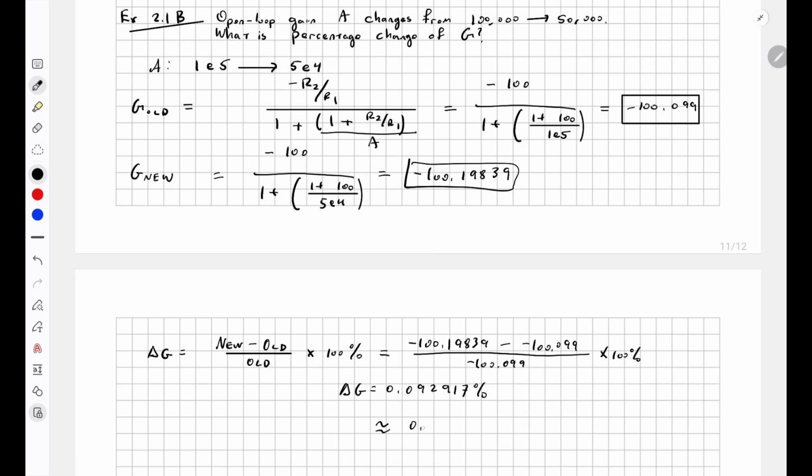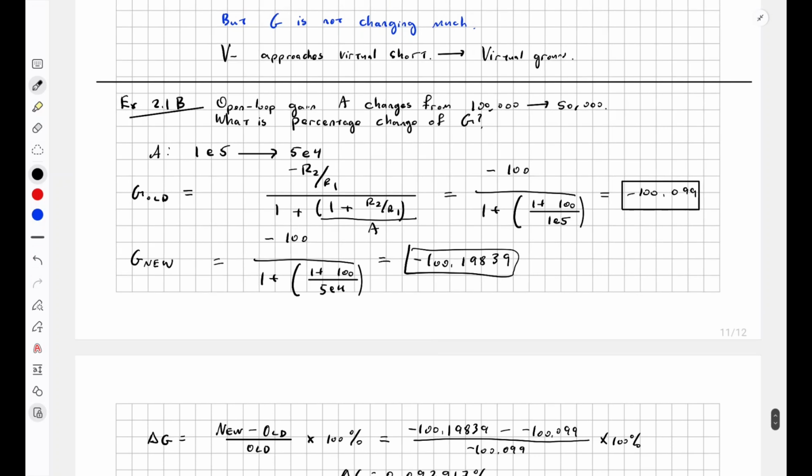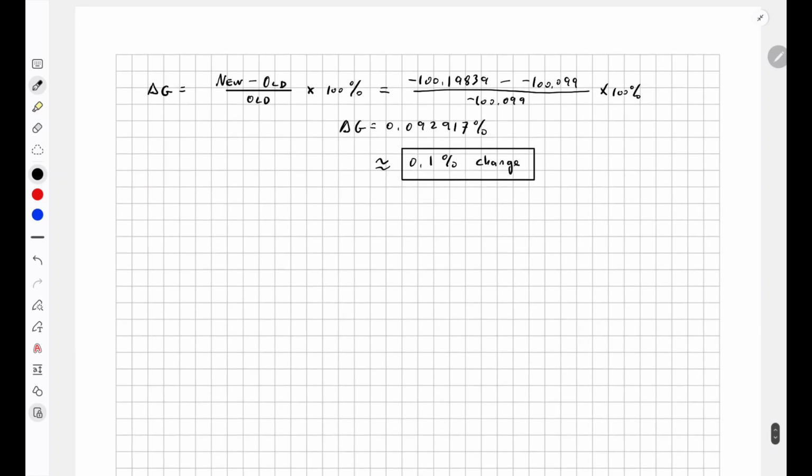So that's like 0.1% change. The observation that you can make is that I'm cutting the open loop gain in half, but I only see a 0.1% change in the closed loop gain.